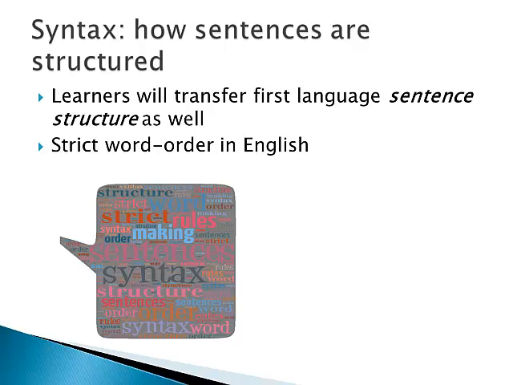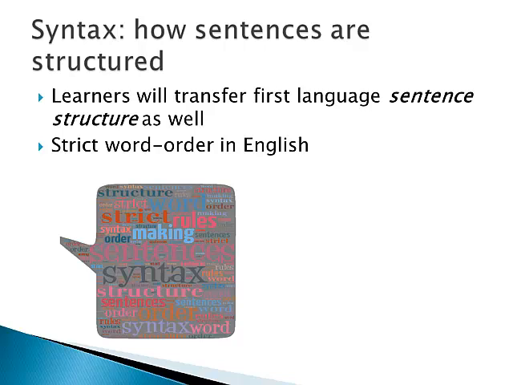The strict word order of English might pose a problem for many ELLs whose first language has a flexible word order. For example, in Spanish, word order can be both VSO, verb, subject, object, and SVO, subject, verb, object, while English only allows the word order to be SVO. As a result, Spanish speakers might produce sentences that look like the following.